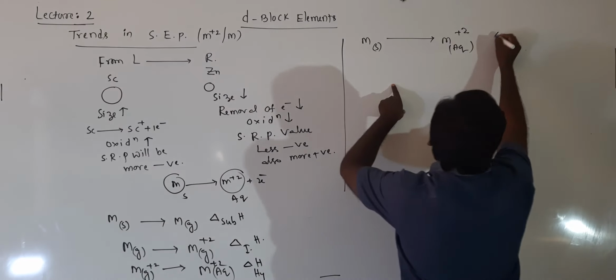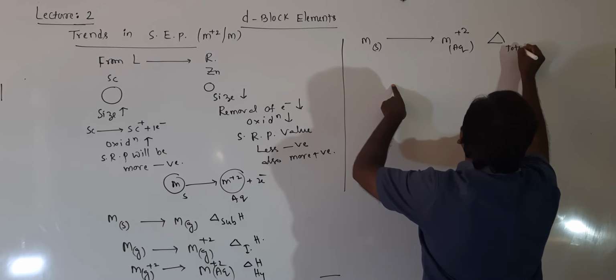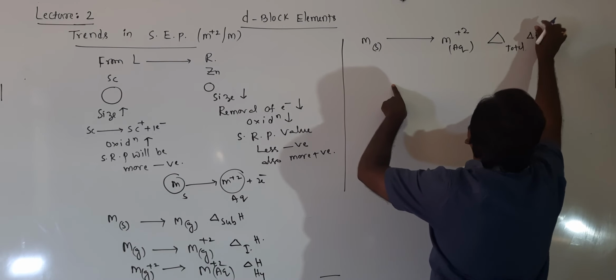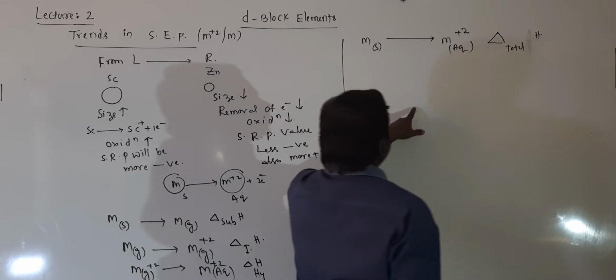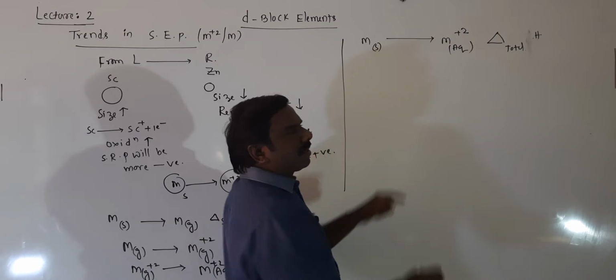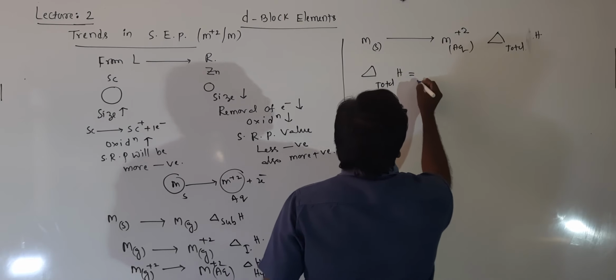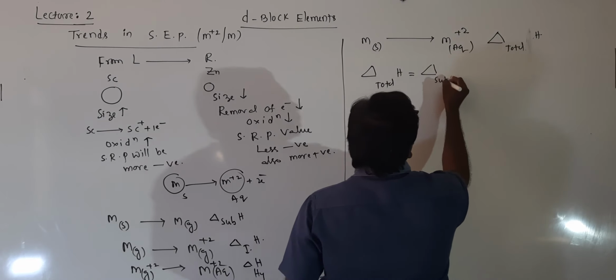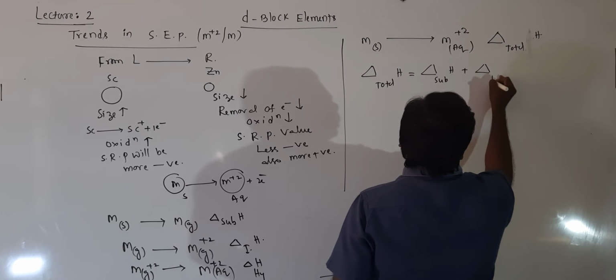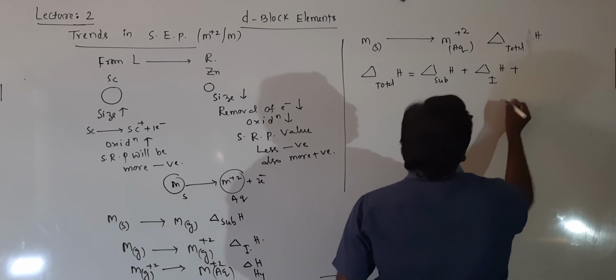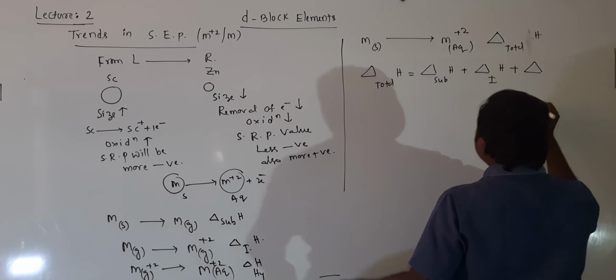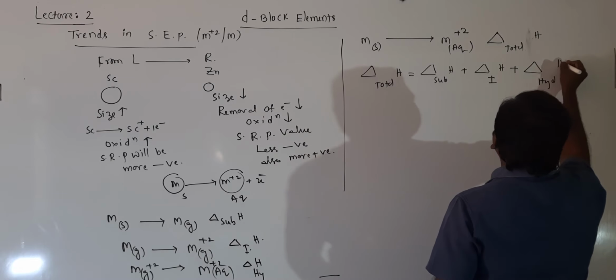For this, I can take the total enthalpy. Students, there are three steps. Total enthalpy is equal to sublimation enthalpy plus ionization enthalpy plus hydration enthalpy.